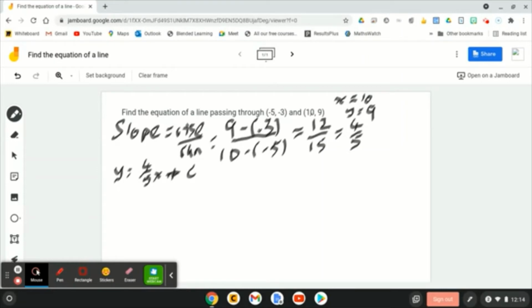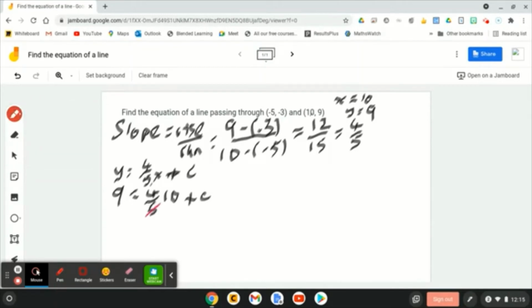So I can put 9 for y. I've got 4/5 and my x and times 10 plus c. But now I can do a little cancelling, because here I have a 10 on the top and a 5 on the bottom.